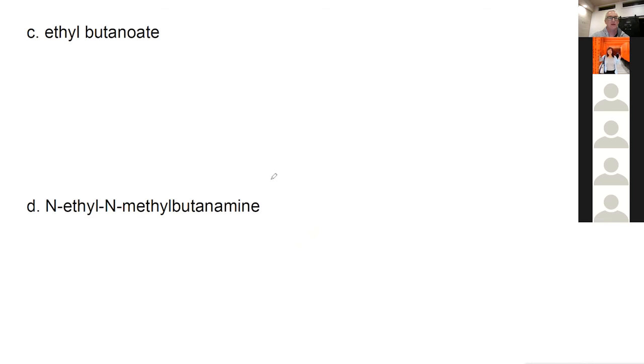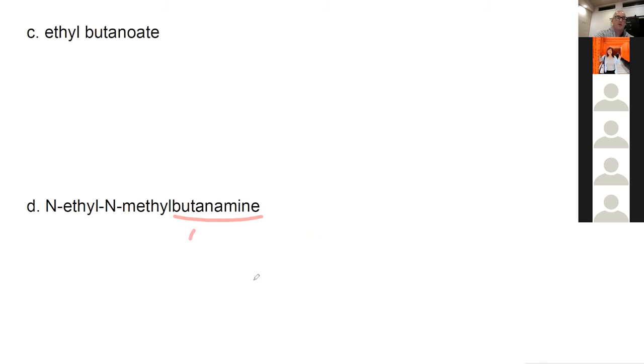So the next one is an amine. So what is the root for this one? Butanamine. Butanamine, right, that is the root. So how many carbons is that? 4. 4, just like butanoate, butane, it's got 4.